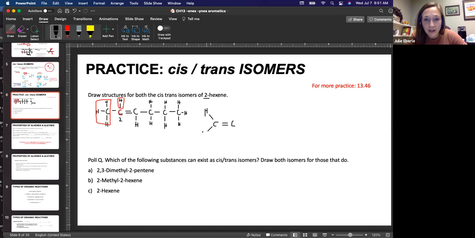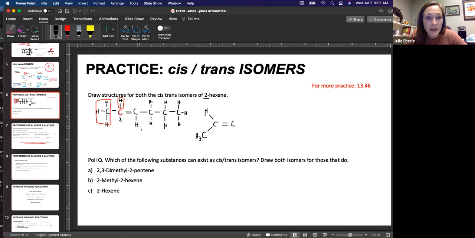I'm just going to write CH3. Sometimes they write it backwards like this because I want you to know the bond is between the carbons. This is the methyl group I have boxed in red, and this is the hydrogen I have boxed in red. That's off carbon 2.